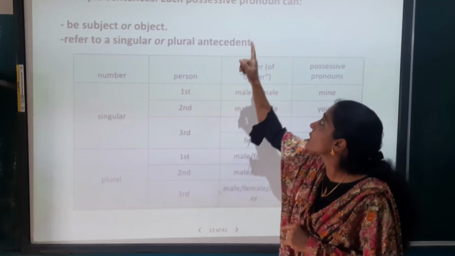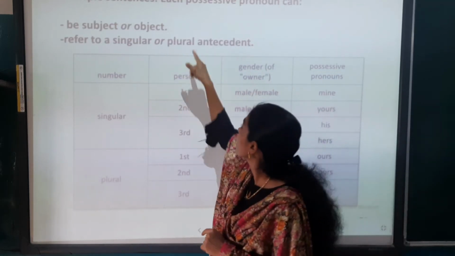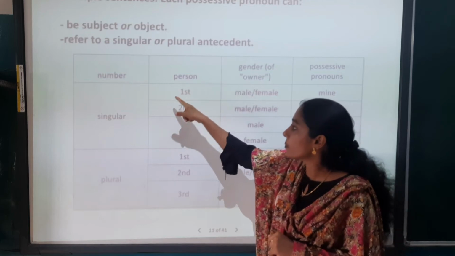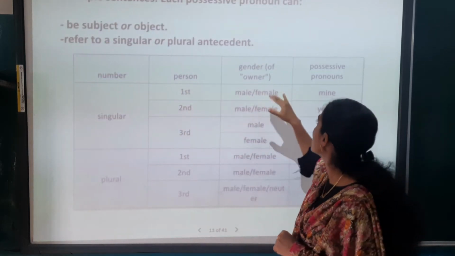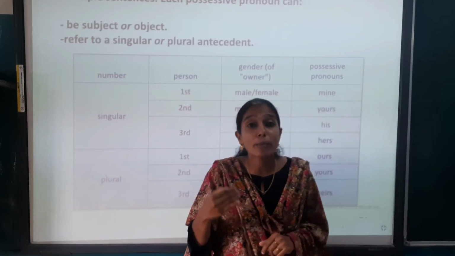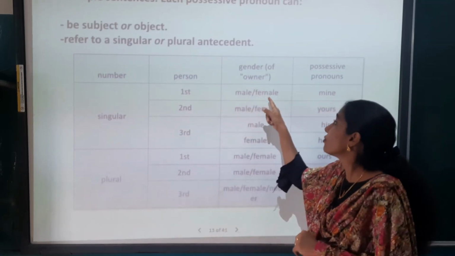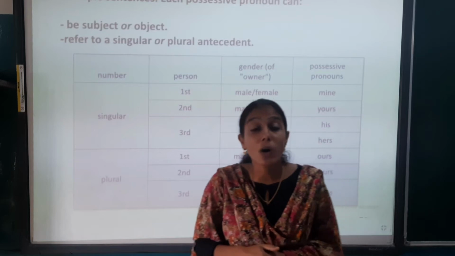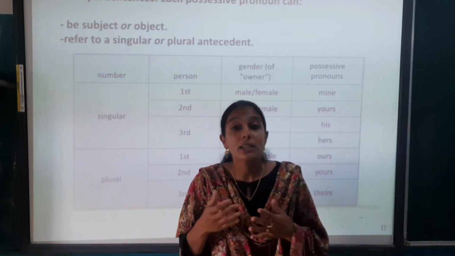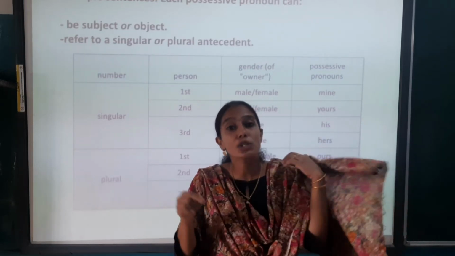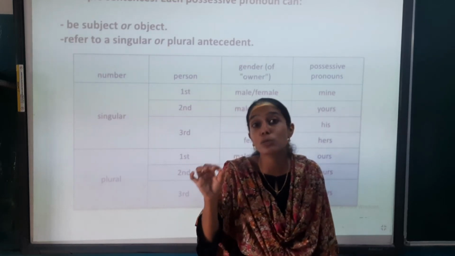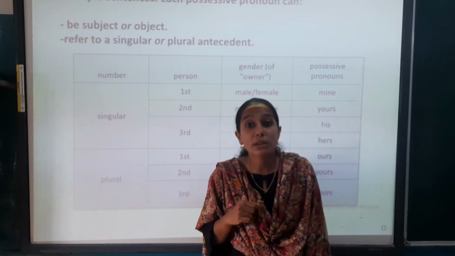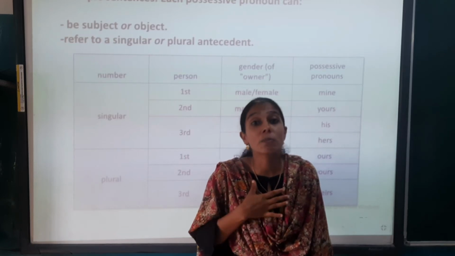Now below are the possessive pronouns. See the examples. Singular, plural, person: first, second, third, and gender. Now if I am talking about male or female, what will the possessive pronoun be? Mine. Again, if I ask you whose book is this, suppose ma'am has found someone's book and asks, whose book is this, what will you reply?